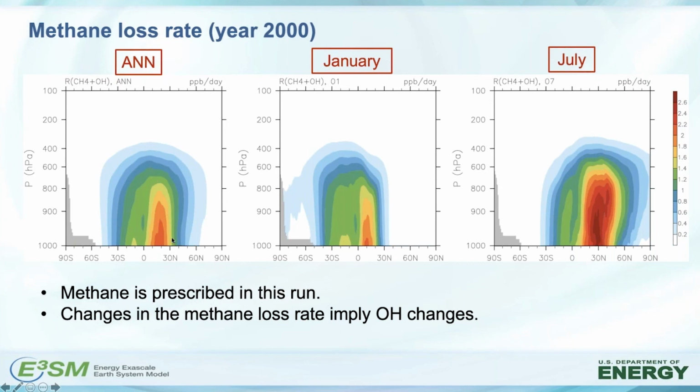So we see where the methane is mainly lost in the model, in the Northern Hemisphere tropics, and can see the seasonal shift of the loss region, and in the summer months, some of those middle to high latitudes can also show some of the methane loss there. So because the methane is prescribed in this round, the changes showing here in the methane loss rate imply the OH changes.